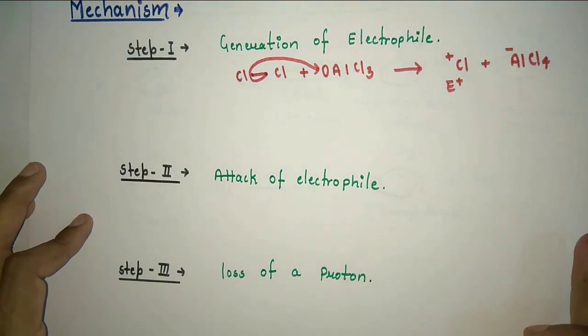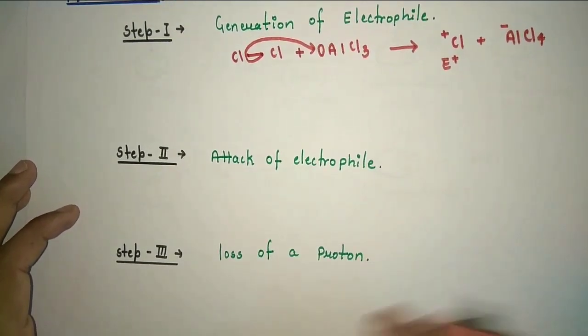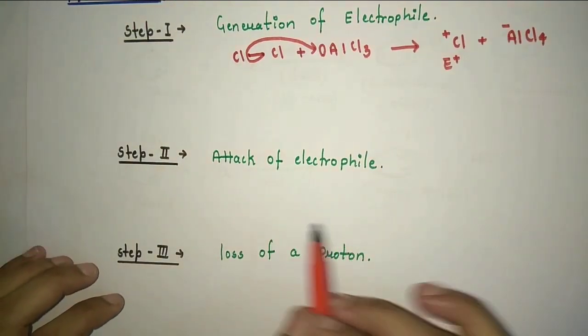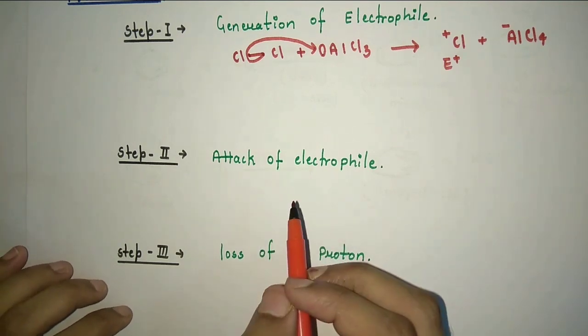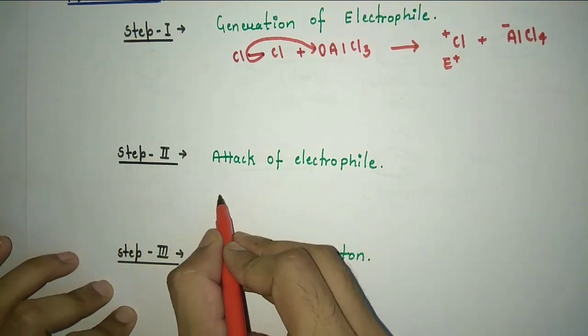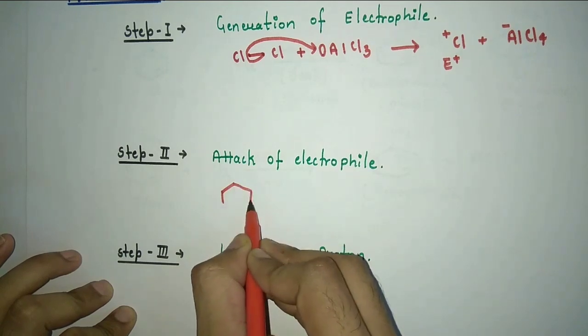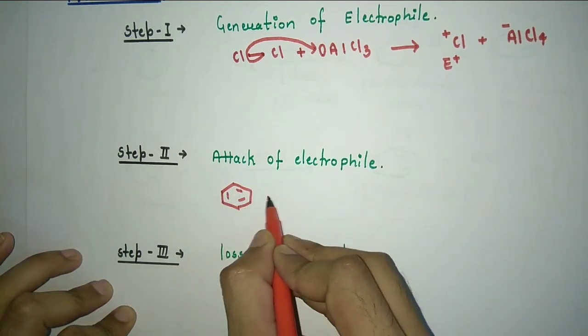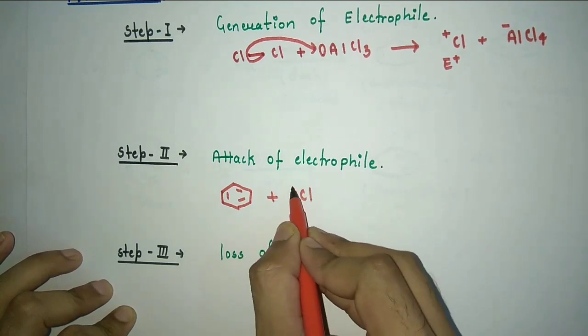In the next step, there is an attack of the electrophile. Our electrophile attacks the pi electron cloud of the benzene ring system. This is our benzene and this is our electrophile.